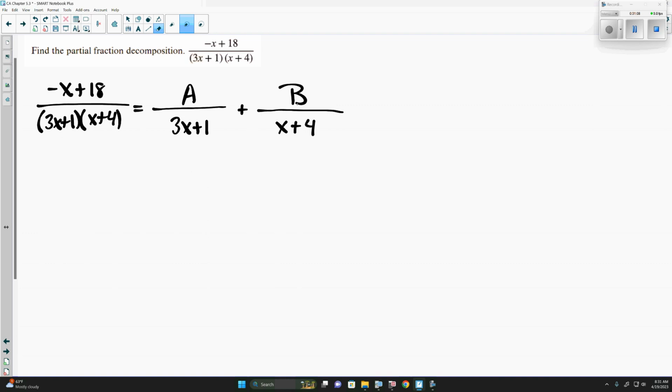The top of the second fraction is b. Now at this point here, we're going to multiply through by our 3x plus 1 and x plus 4.